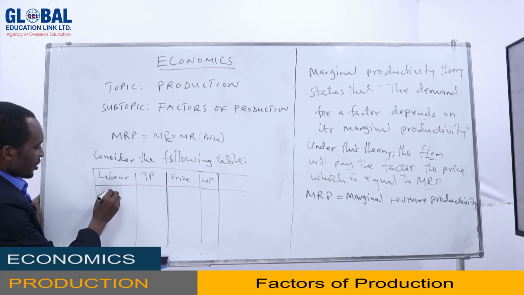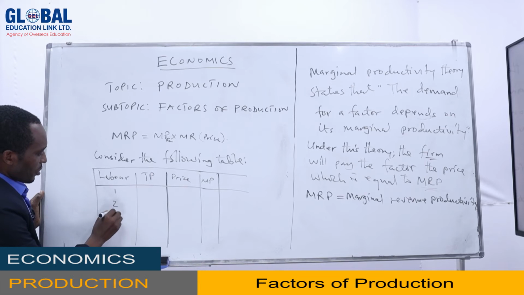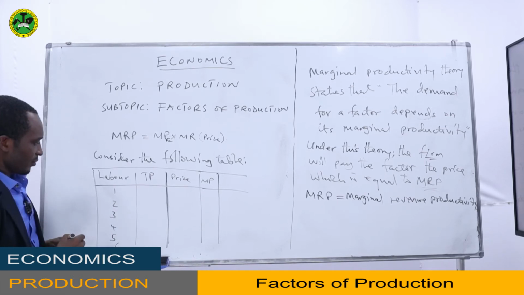Now let us assume the labor employed is 1, 2, 3, 4, 5, 6.